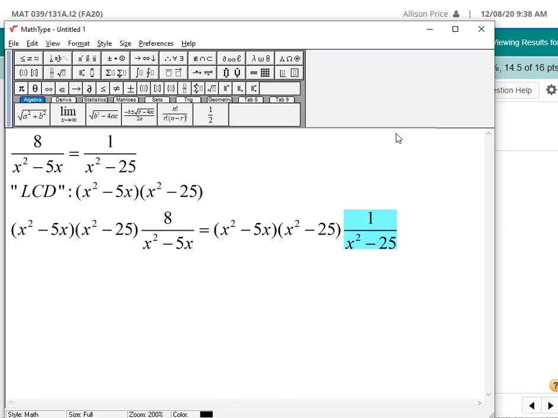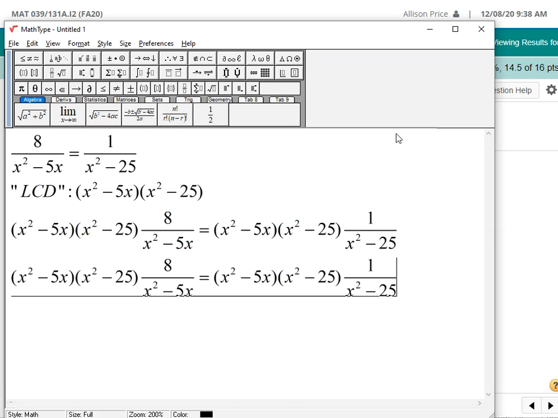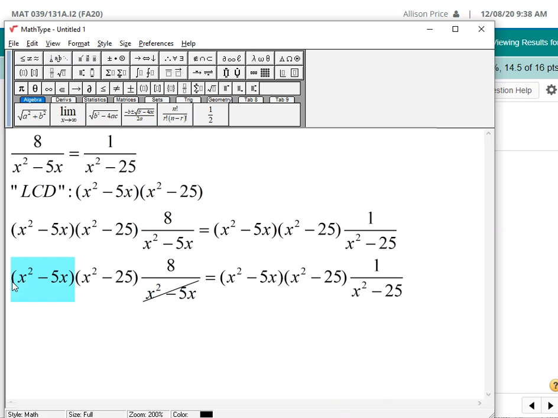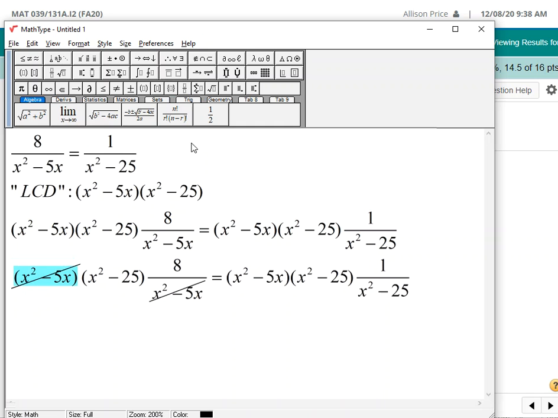The effect is that in the first fraction, the denominator, which was x squared minus 5, will cancel with the x squared minus 5. And in the second fraction, the denominator that was x squared minus 25 will cancel with the part where we're multiplying by the x squared minus 25.